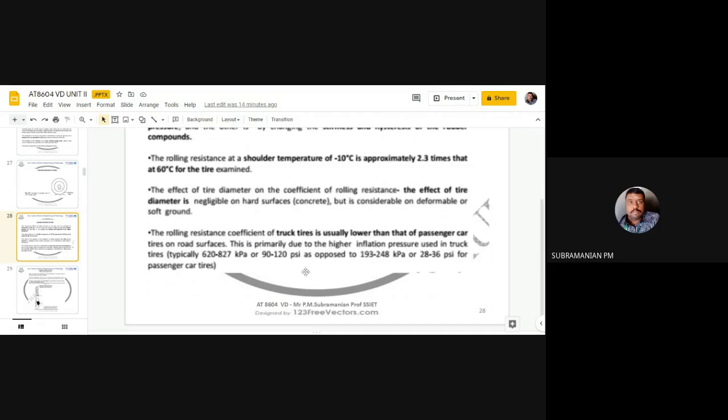In trucks, you go for high inflation pressure, while passenger cars use lower inflation pressure. High inflation pressure means the hysteresis losses will be less, whereas low inflation pressure means the hysteresis losses will be more. In trucks you will have 90 to 120 psi, whereas in passenger cars you can see 28 to 36 psi.